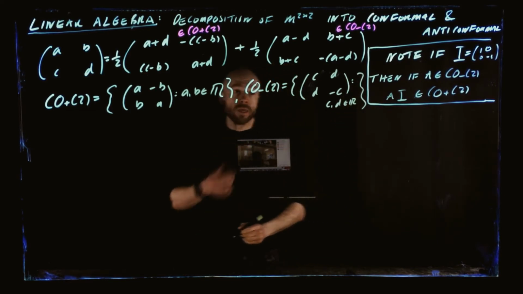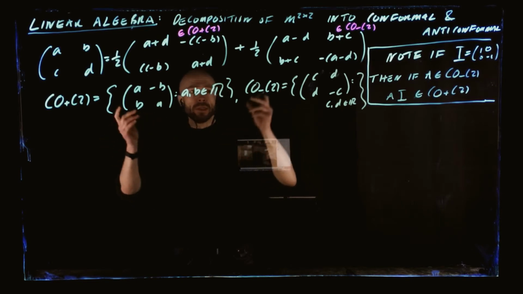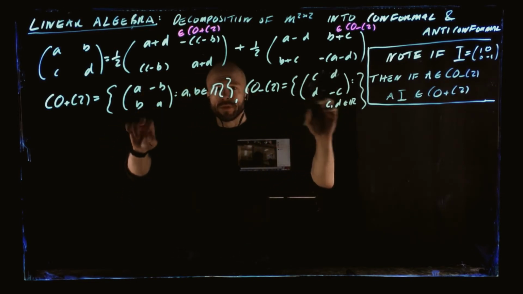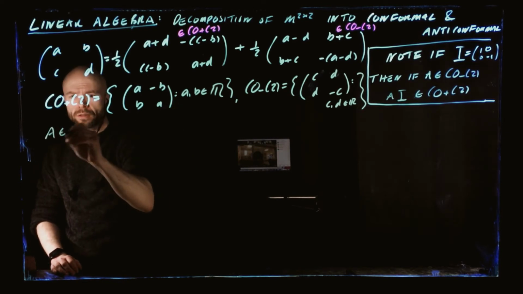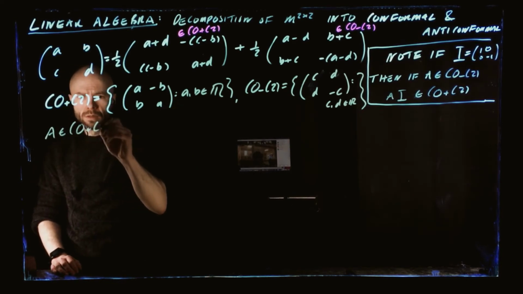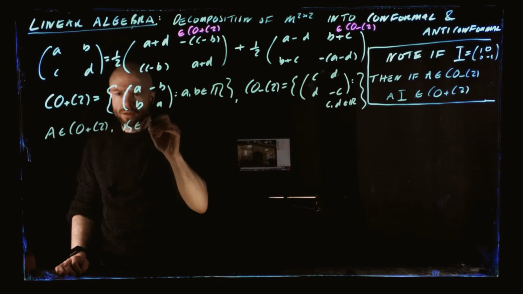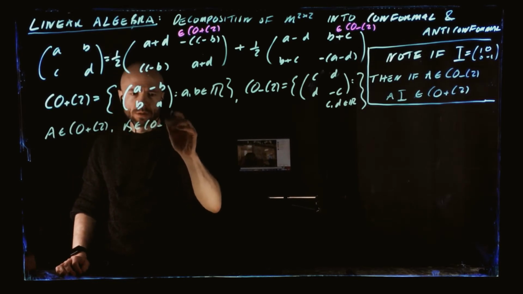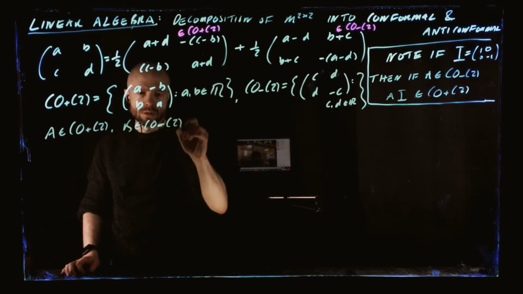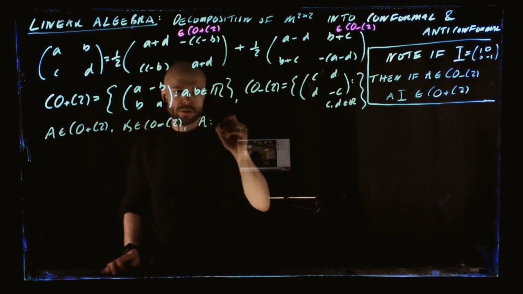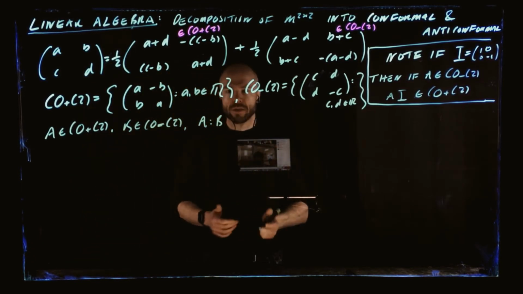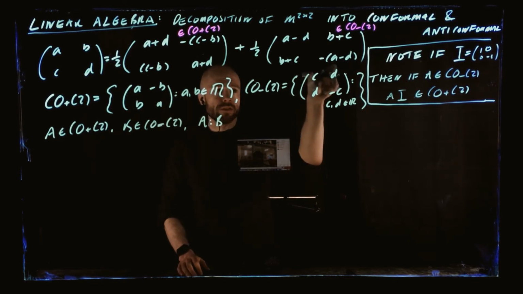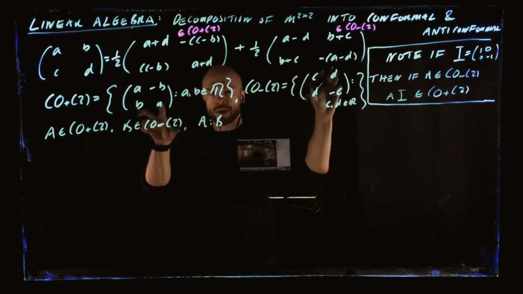Okay. So if you take the dot product of any two matrices inside these different spaces, so if A belongs to conformal and B belongs to anticonformal, then the dot product of the matrices, which means dot producting every entry just like it's a vector, is going to be 0 because these guys will kill and these guys will kill, right?